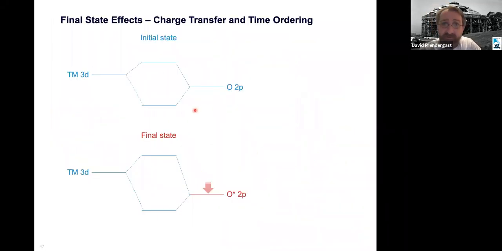Okay, so if you think about a schematic here that looks like a ligand field model, where you have an oxygen atom interacting with a transition metal atom, and they maybe make bonding and anti-bonding states. Okay, it's just a schematic. The final state picture for the X-ray excitation deepens the local potential, let's say, at the oxygen. So all the previous spectra were exciting the oxygen atoms. And so this orbital energy is going to come down, and that will maybe increase the gap between the bonding and anti-bonding orbital.